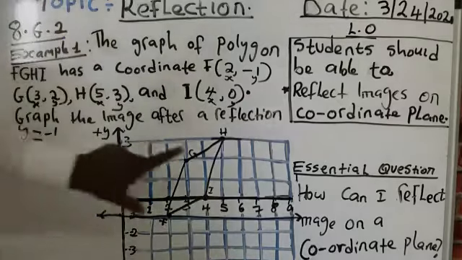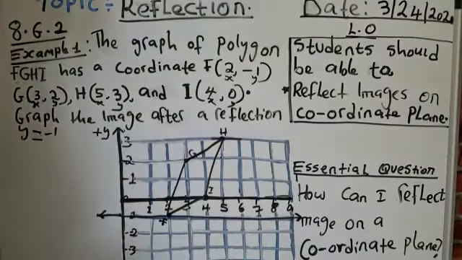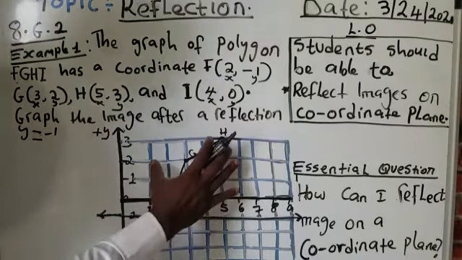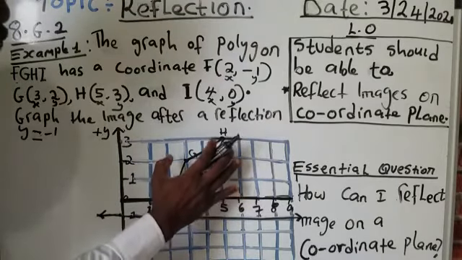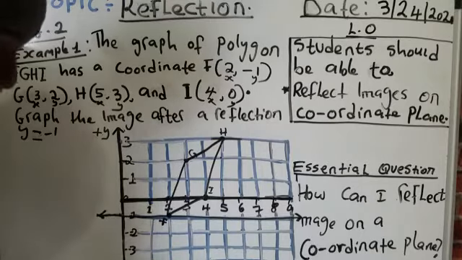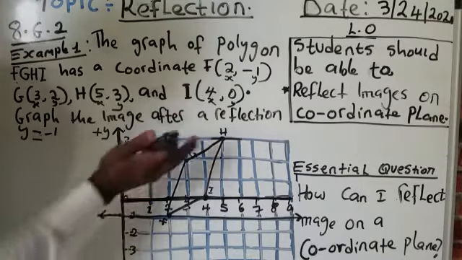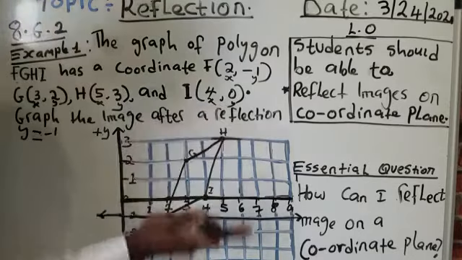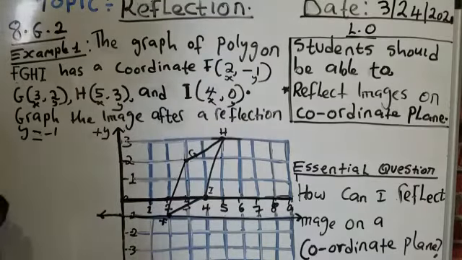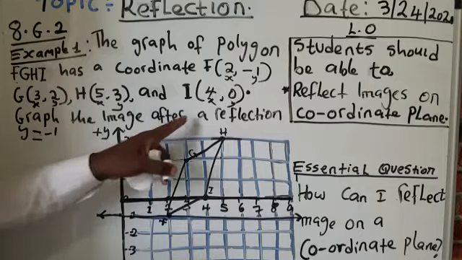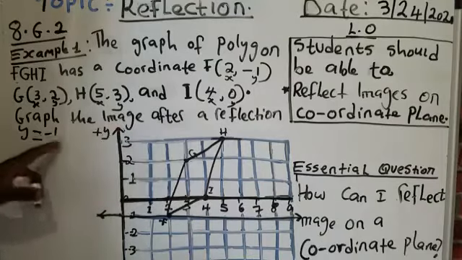Okay, this is the polygon, a quadrilateral. Now, we want to reflect this across y equal to -1. We want to reflect it this way. Remember, the question says graph the image after a reflection y equal to -1.